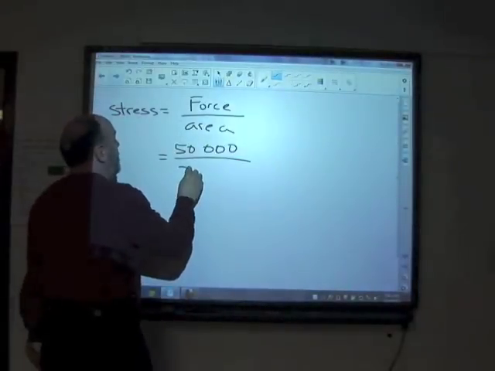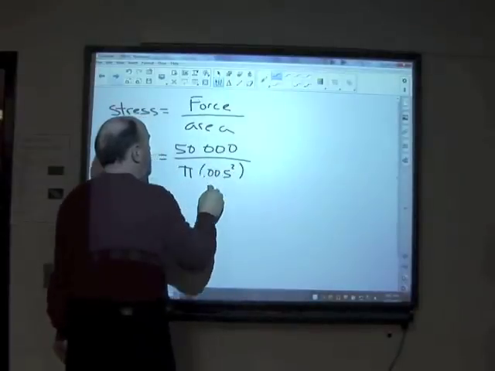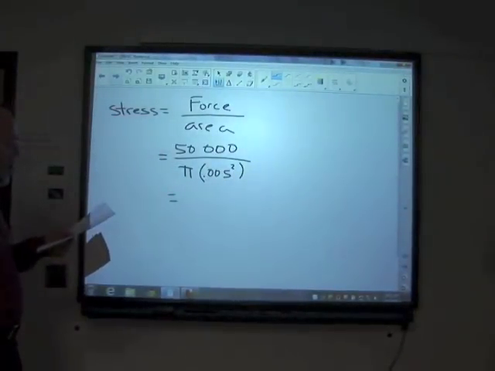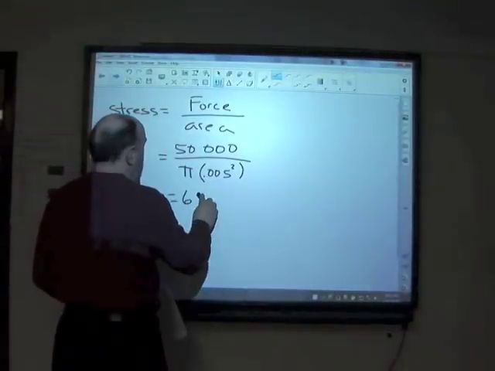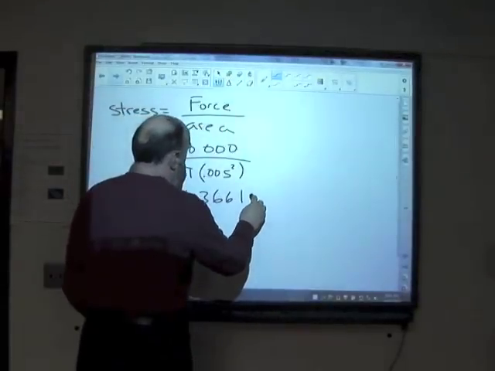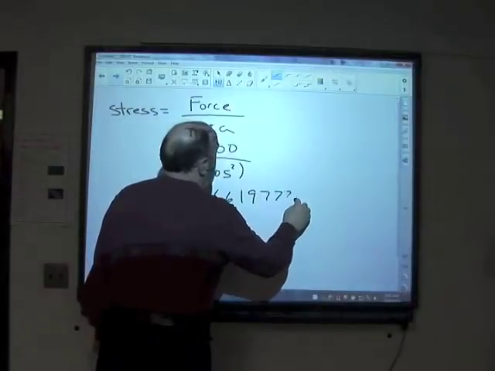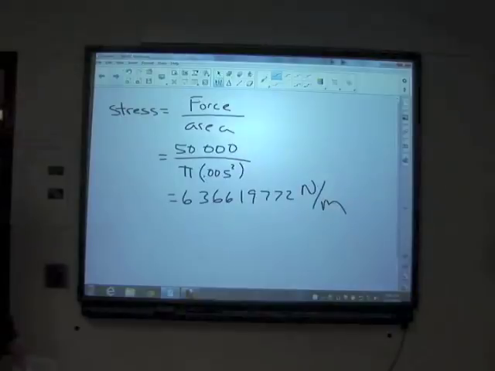The area, again, was given by pi times 0.005 squared. And we get that the stress on our system here ends up being 636619772 newtons per meter squared.